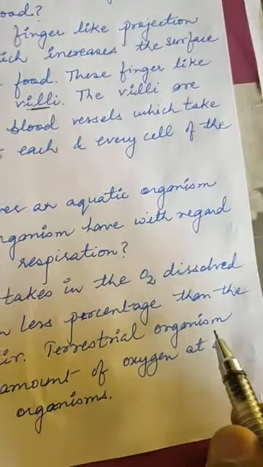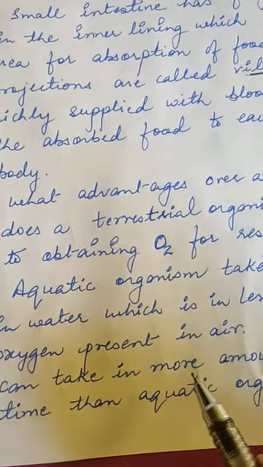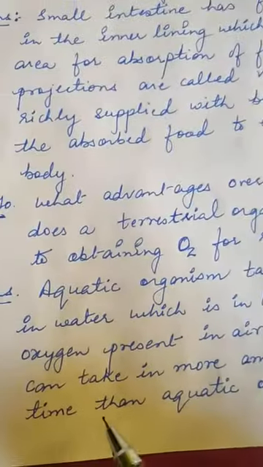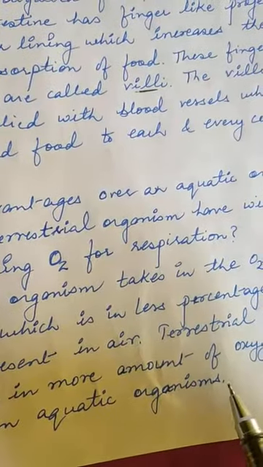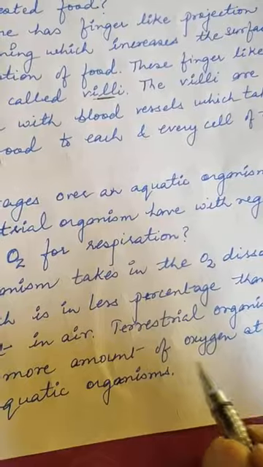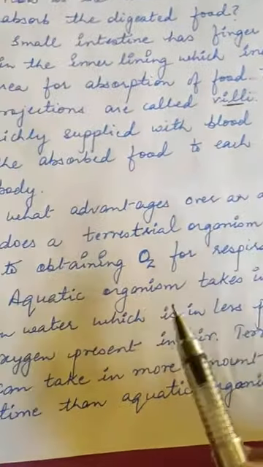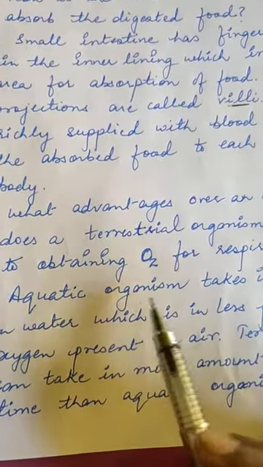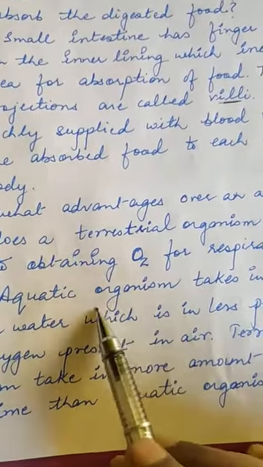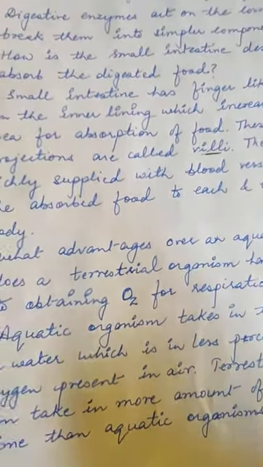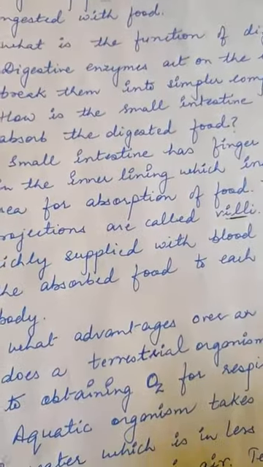So the terrestrial organism takes in more oxygen at a time than an aquatic organism, because here it is not present in the dissolved form, right? But in case of aquatic organisms, the oxygen is present in the dissolved form. So the aquatic organisms are also breathing much faster than the terrestrial organisms. I hope the questions are clear to each and every student.